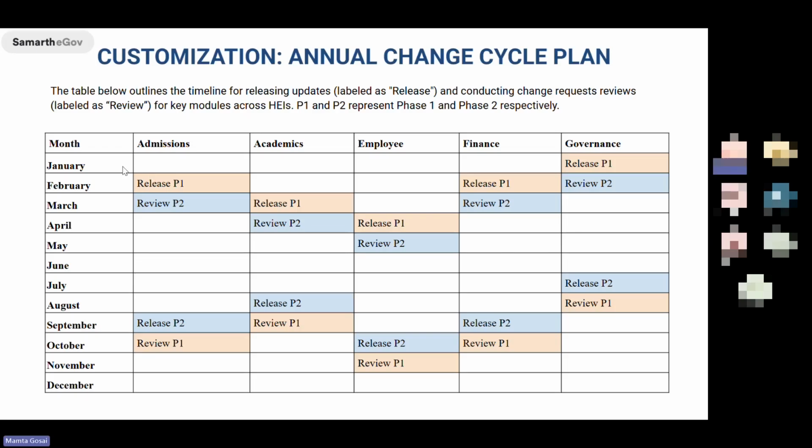Let's say you have submitted a change related to admission in the month of January, we'll review all those changes in the month of March. We'll analyze this, and it will be released anywhere between March to September. That is there for each and every domain that I told you of initially.